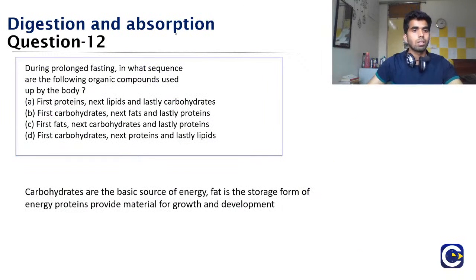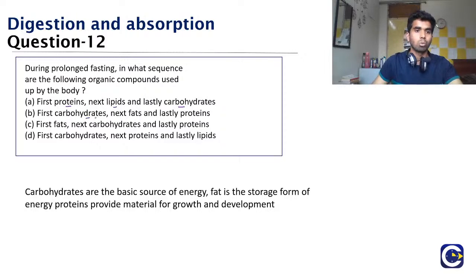Question number 12. During prolonged fasting, in what sequence are the following organic compounds used by our body? While fasting, what is the order in which the major components are used by the body? Option A, proteins, then lipids, then carbohydrates.